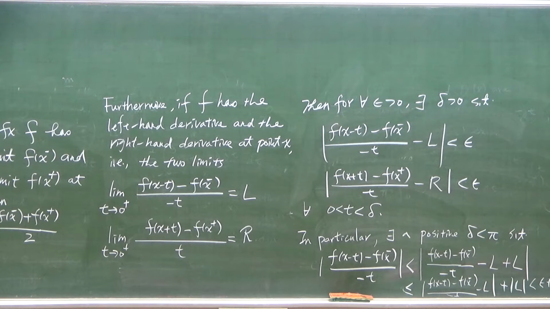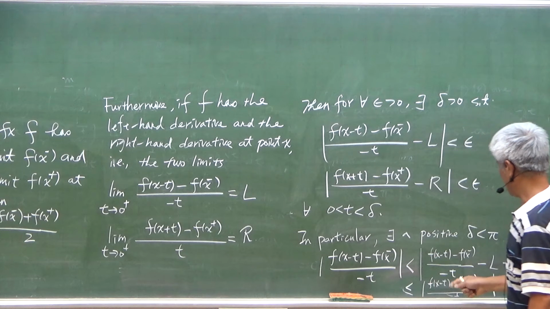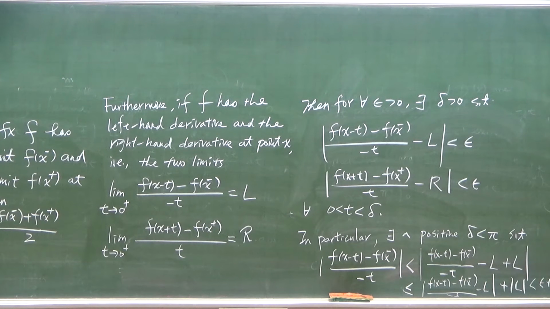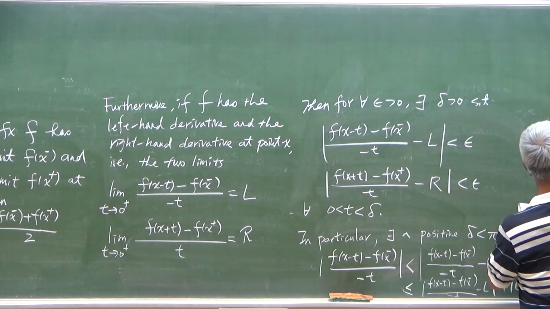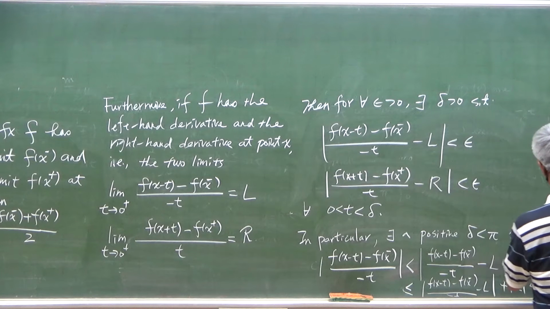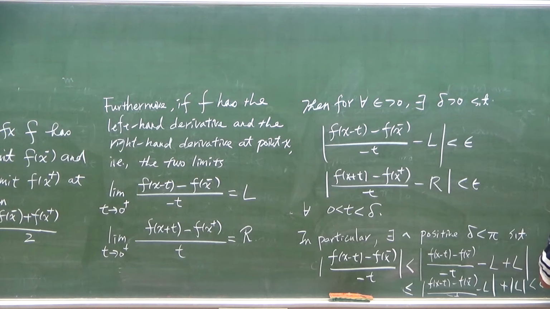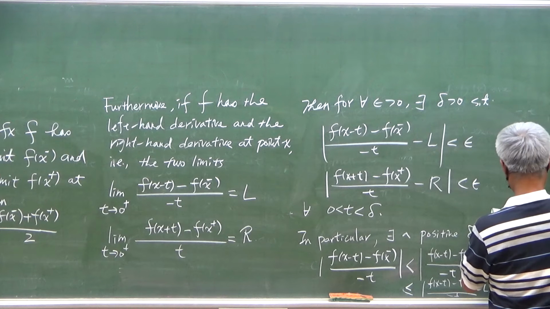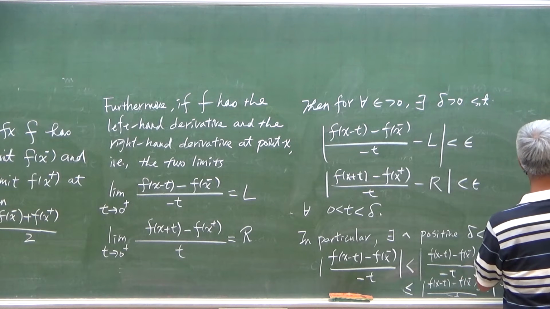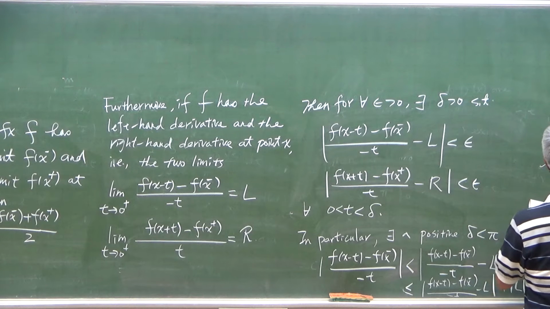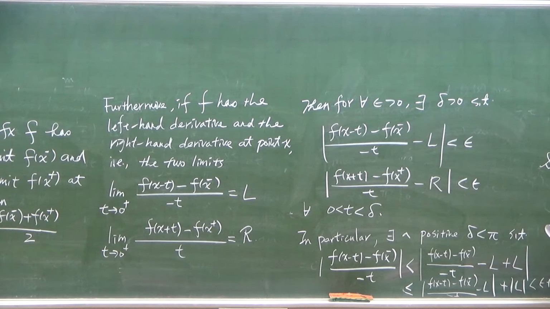Right, that's upper bounded by this quantity. So this ratio is upper bounded by this quantity, and this ratio is upper bounded by this quantity, for all t in here, for some delta. Now, since g(t) minus g(0+), divided by t, can be rewritten here.